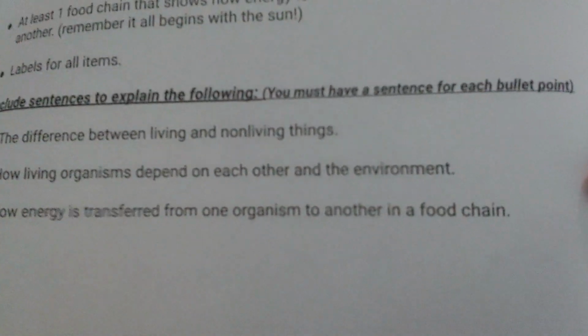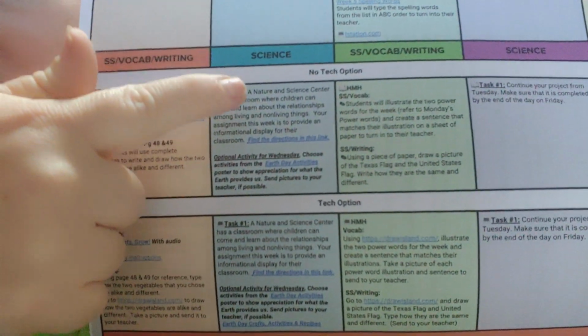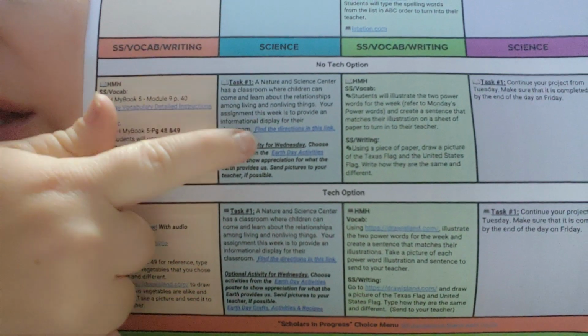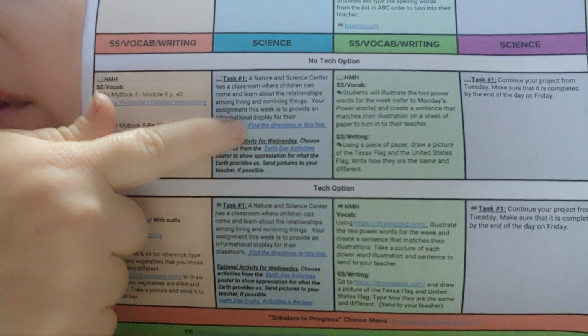And you have to include sentences to explain these things down here. So you can find this by clicking on the science links underneath the link that I sent you. It's right here, Tuesday science. It tells you all the instructions if you just click there.